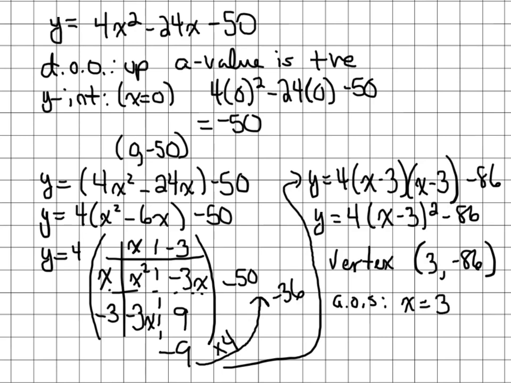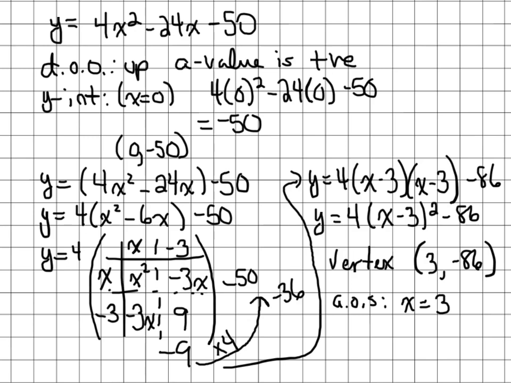And my maximum or minimum will be the y coordinate of the vertex, because that will either be the highest y value or the lowest y value, depending on what direction it opens. In this case, our parabola will open up, and so that means that we will have a minimum. And if we look here, the minimum is at minus 86.